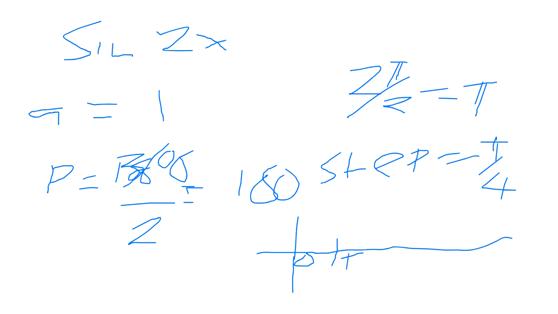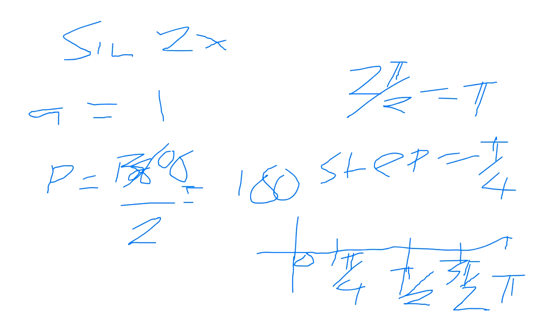My third point will be pi over 2. That will be my interval. My next point will be 3 pi over 4, and my last point will be pi. Then I get 1 period. So the step is very, very important.